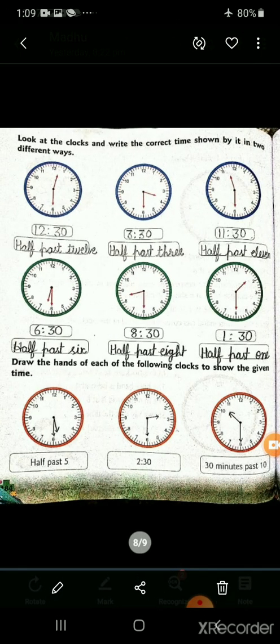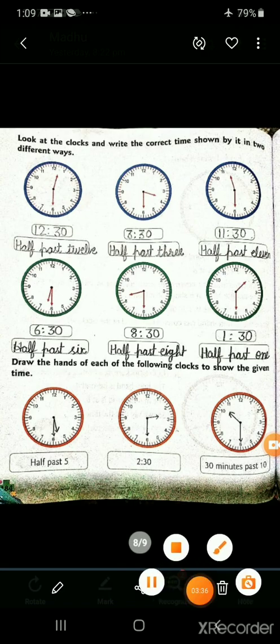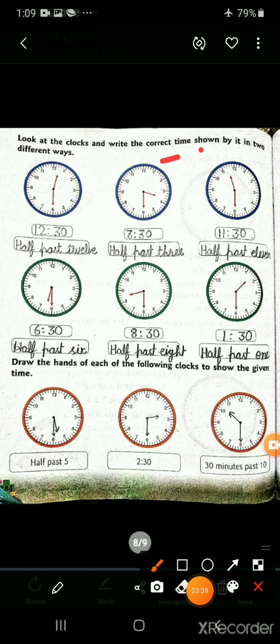Now on the next page number 184, you can see this question. Look at the clock and write the correct time shown in two different ways.